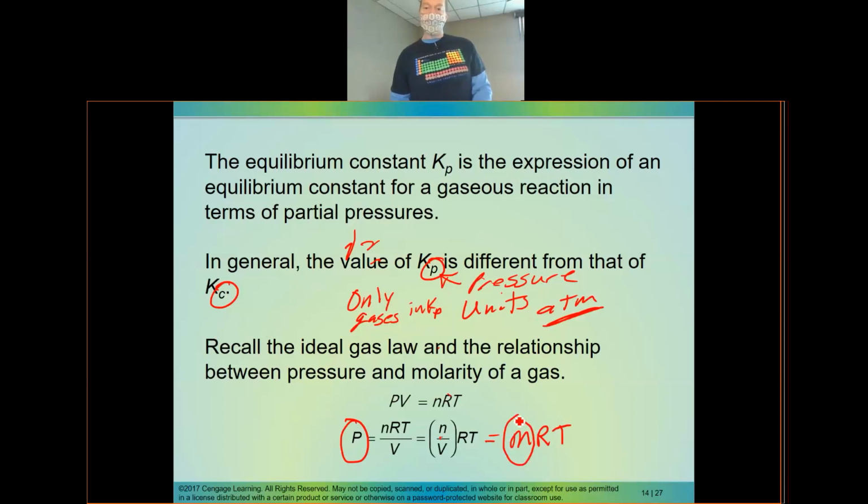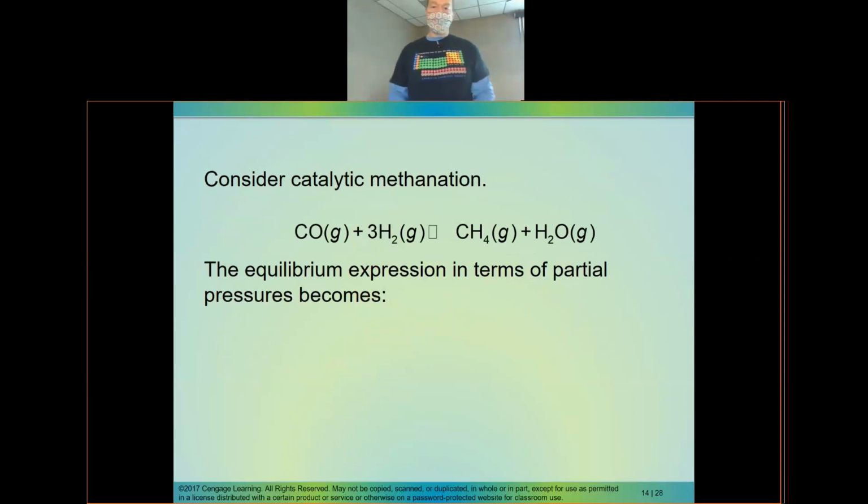And for the Kc, we're using molarity, which is n over V. n is always moles, V is in liters, moles per liter. And so we see a relationship using PV is equal to nRT for our gases. And so we can then, in this equilibrium, give the expression for the Kp.